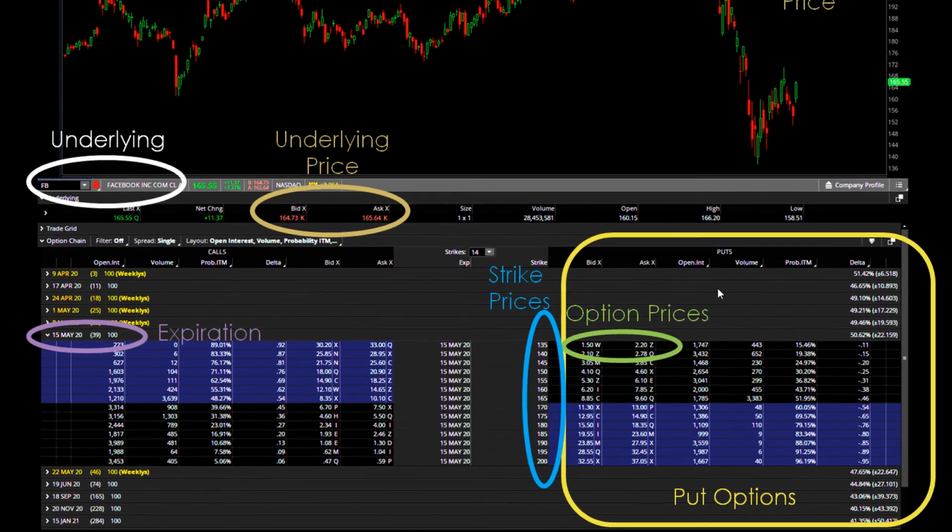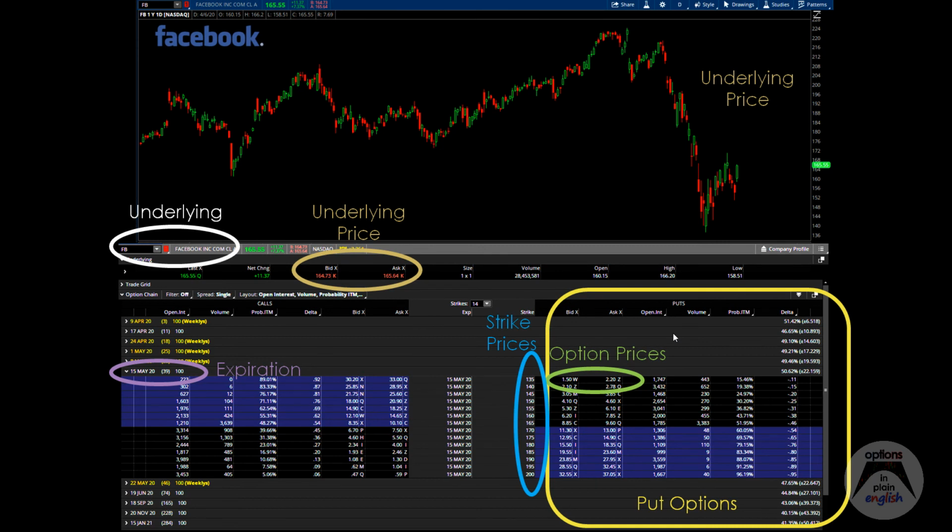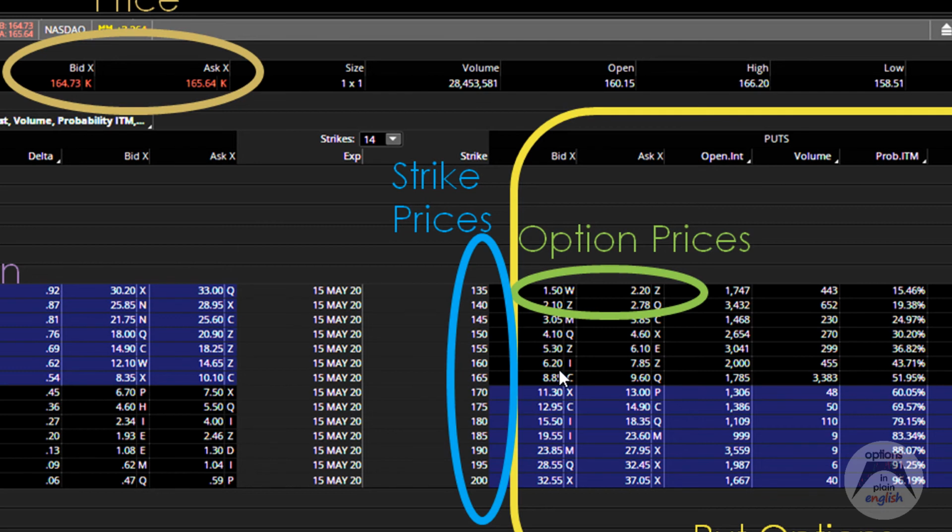So if we do a quick example, if we have the underlying price at $165 and we want to buy a put that's trading, let's say, $160, it's trading at $7.85. Remember something I mentioned in the other lesson: every option contract covers, for the most part, 100 shares, but it's quoted at a price of 1 share.